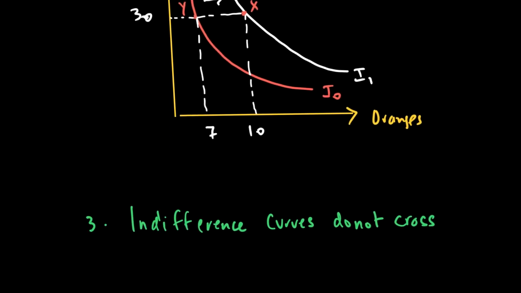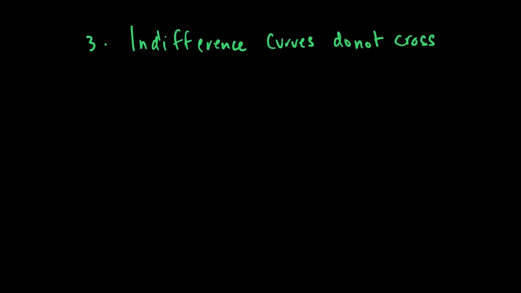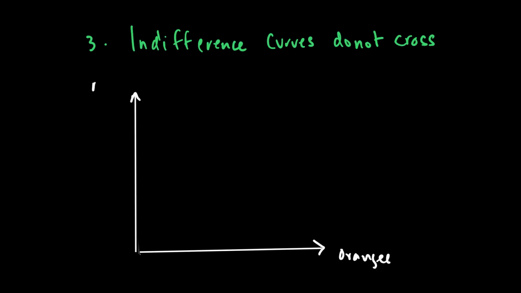Similar to this thought is the third one, which is that indifference curves do not cross. When we say indifference curves do not cross, I want to show you first why crossing may be problematic for us. So let's say we have oranges and apples, and let's make the indifference curves cross to see why their crossing can be problematic.